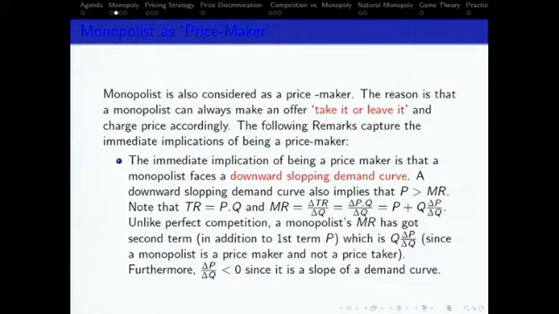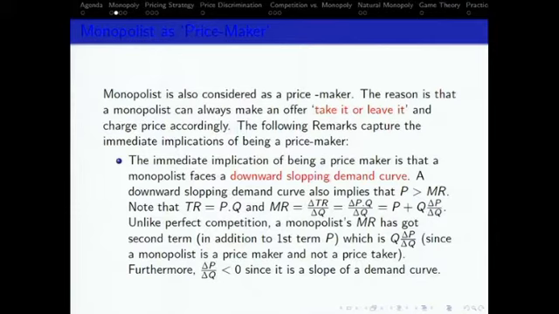I'm the sole producer of this bottle, and I know everyone needs it. So I'm going to charge a price of $5. If you like it, take it. If you don't like it, leave it, I don't care, because I definitely know that I'm the only one producing it, and I know there's a demand. So everyone will come to me.